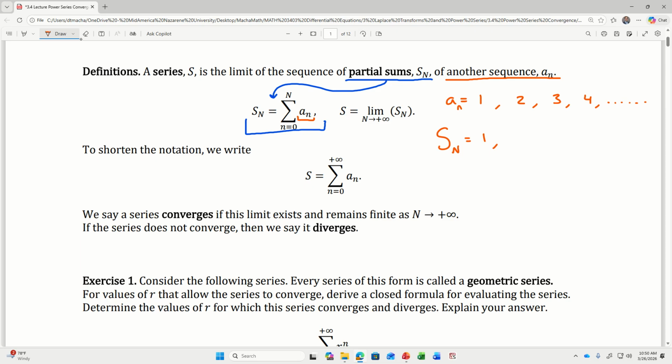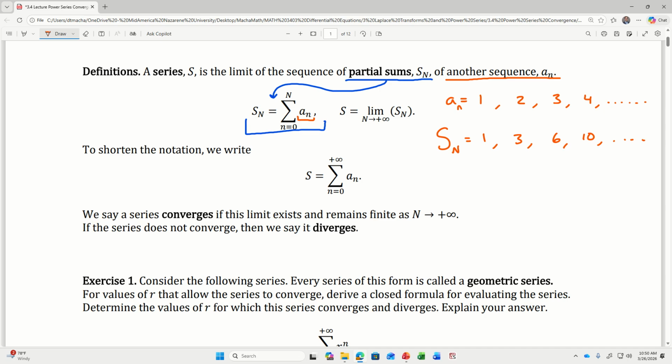And then 1 plus 2 is 3. And then 3 plus 3 is 6. And then 4 plus 6 is 10. And so on. So the partial sums are just adding up all of the terms of your sequence so far.